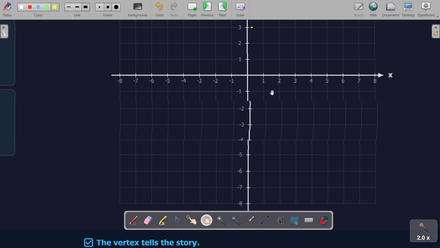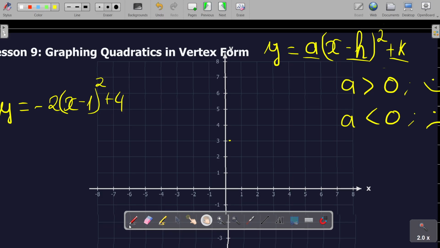The vertex tells the story. Let's find the vertex. By the rule, the vertex will be these two numbers here, so 1, 4. This will be our vertex, the red dot. Here will be our lovely vertex.